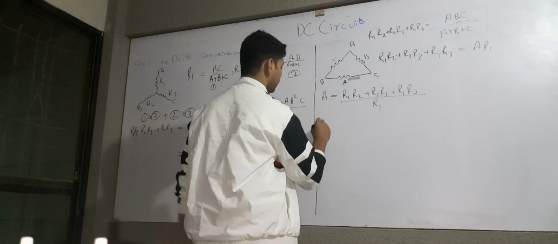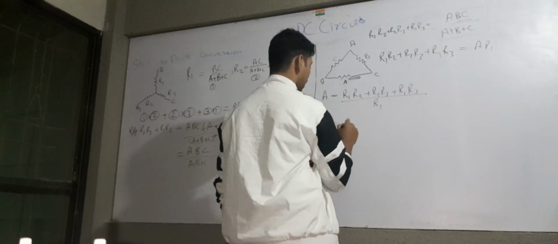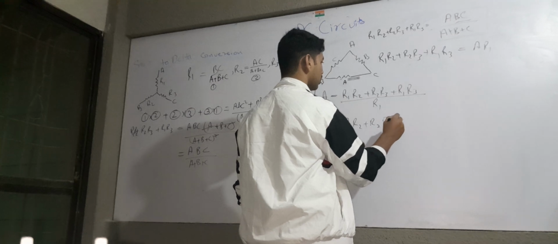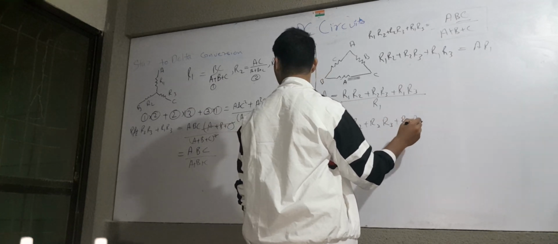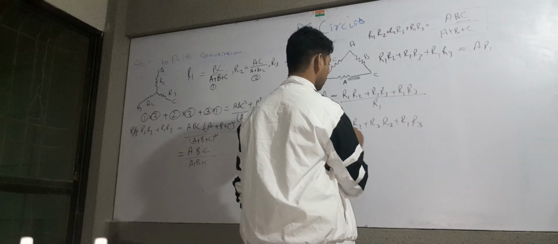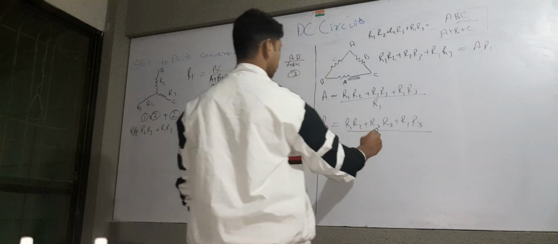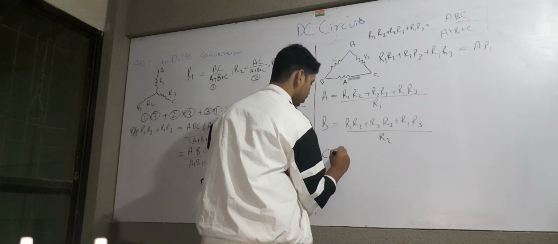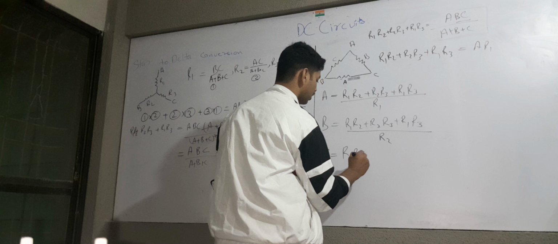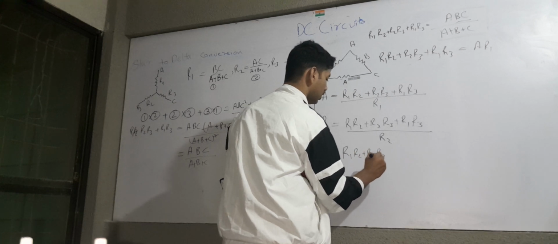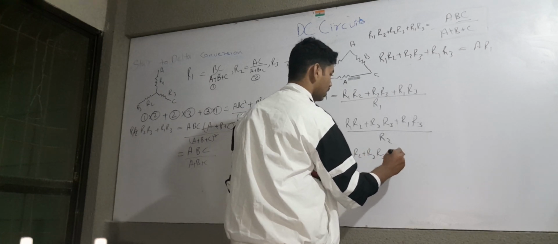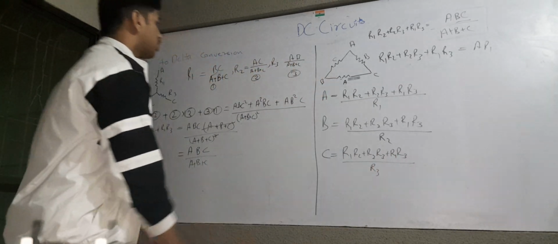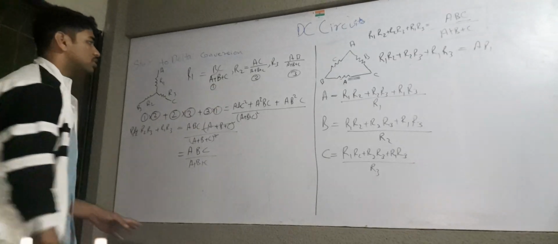Similarly, we get B is equal to R1 R2 plus R2 R3 plus R1 R3 divided by R2, and C is equal to R1 R2 plus R2 R3 plus R1 R3 divided by R3. So this is how we get the equations.